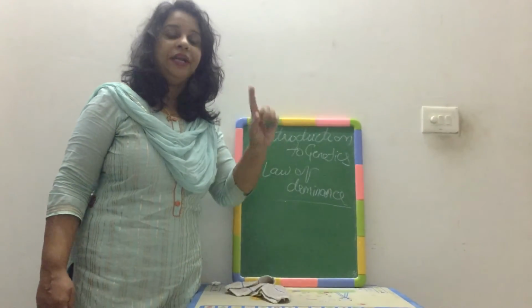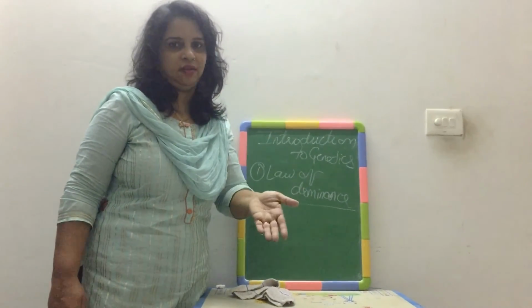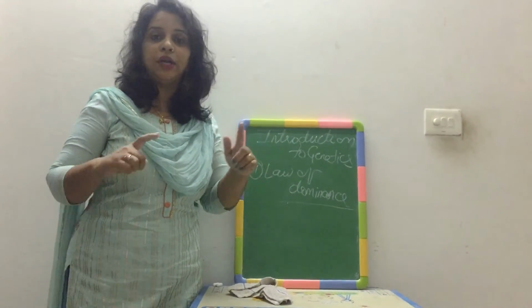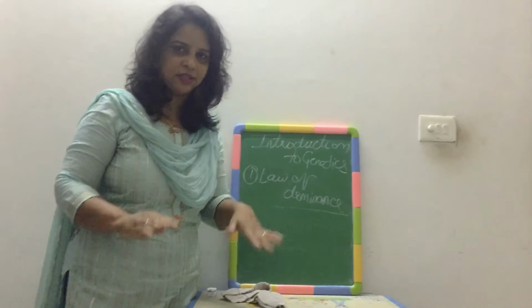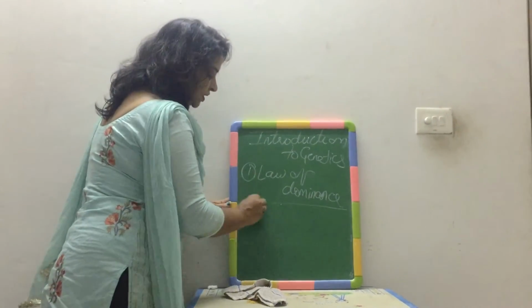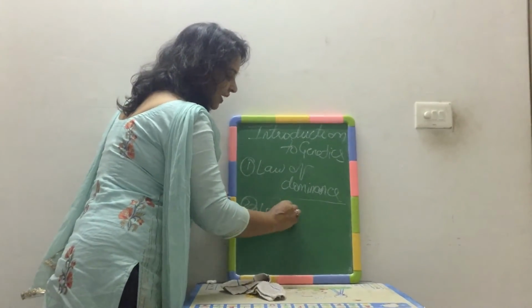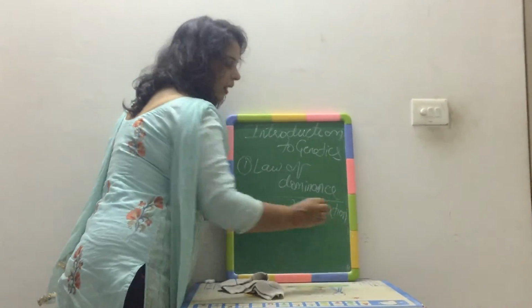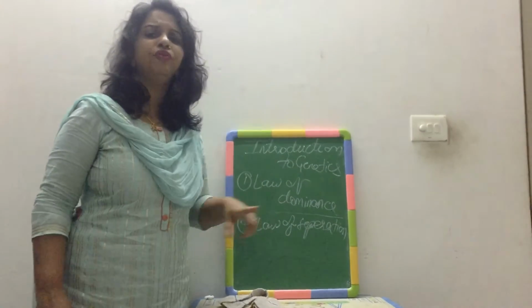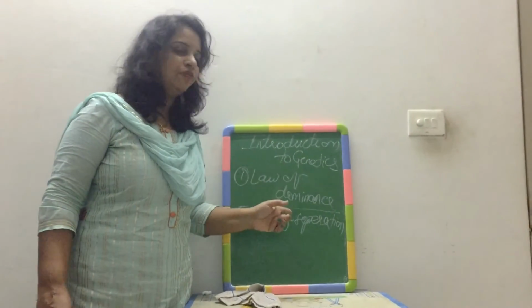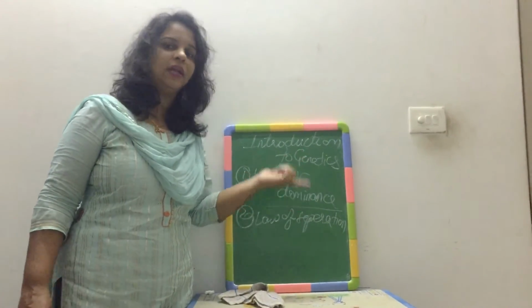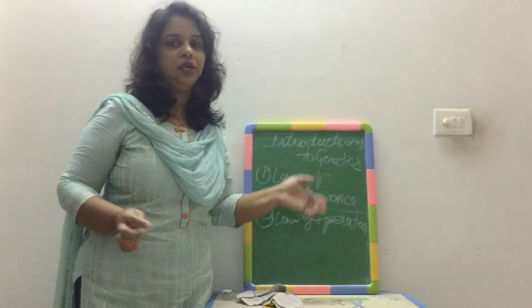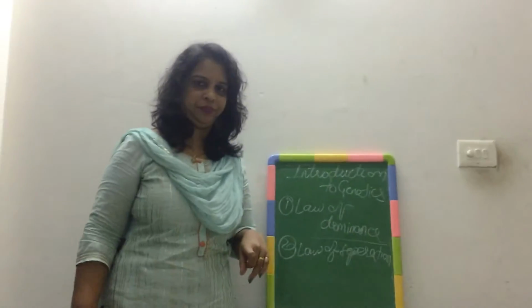Dominant means it is able to express itself, so it is called dominant. Whereas recessive means that factor is not able to express and it is always suppressed. The second law he suggested was the law of segregation, also called the law of separation. That means these 2 factors, dominant and recessive, are separated from each other during gamete formation.